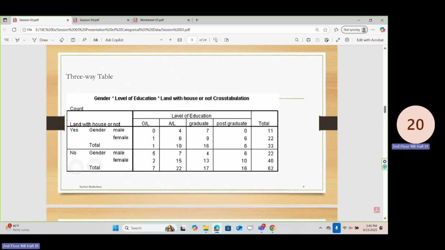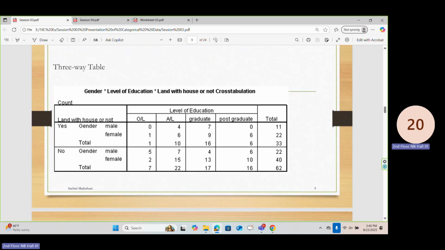Then looking at this one, how many variables are there? Gender, level of education, and whether they have land with a house or not.